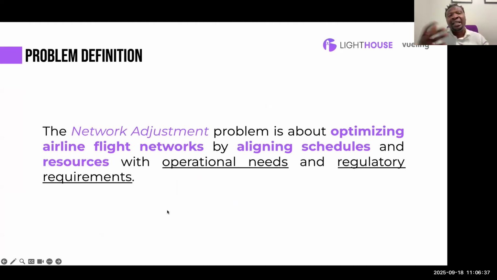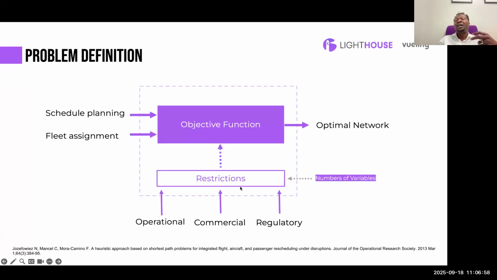Before dealing with the model, we need to understand a little more what the network adjustment problem means. It is a problem about optimizing a bunch of flights and aligning schedule and resources according to restrictions that could be operational and also regulatory.